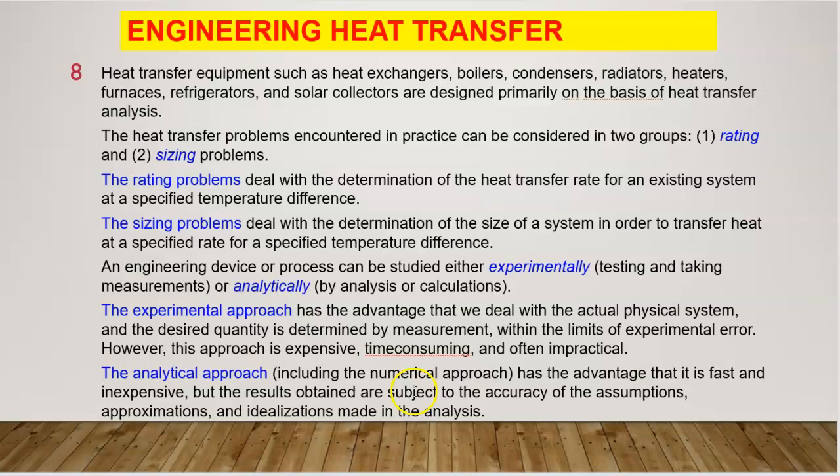In numerical work, we don't know whether it is correct or not, because some characteristics we only assume. So if you do both ways, analytical and experimental, you can tally whatever you have.